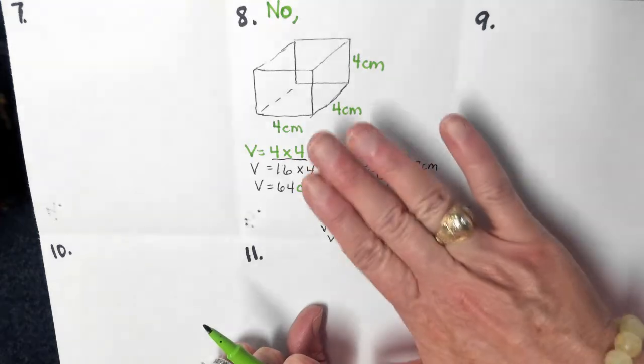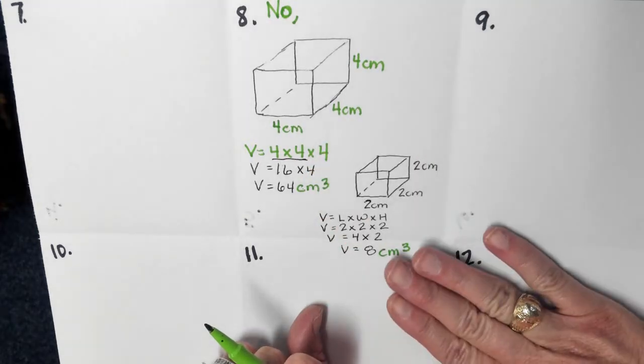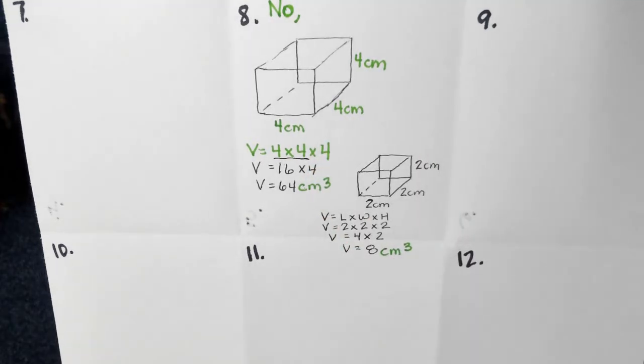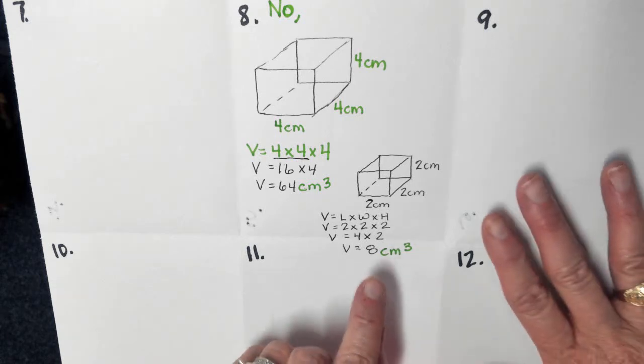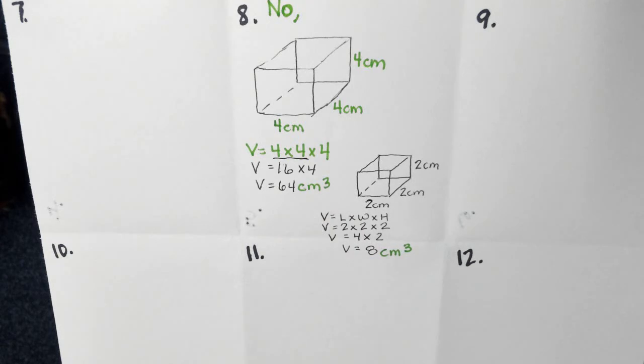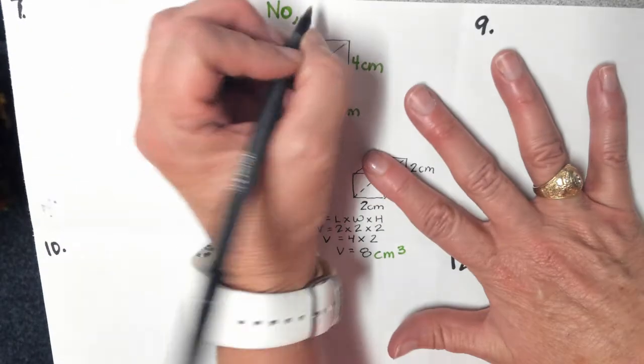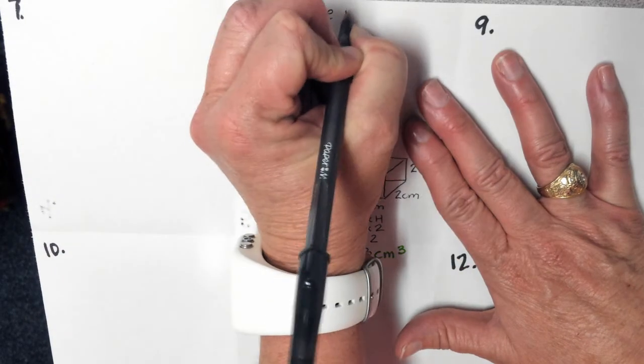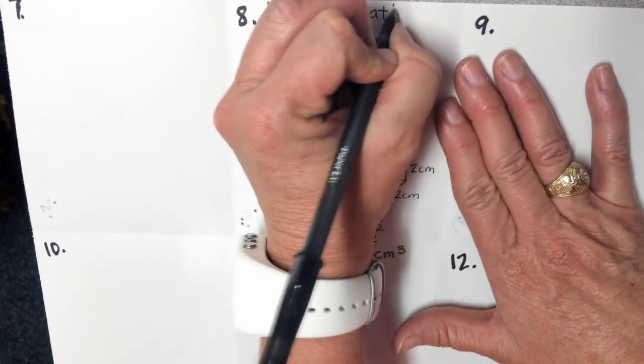How much bigger is the larger cube than the smaller cube? Chris. What is that relationship between the number 8 and the number 64? Elin? 8 times bigger. No, the relationship is 8 times as much.